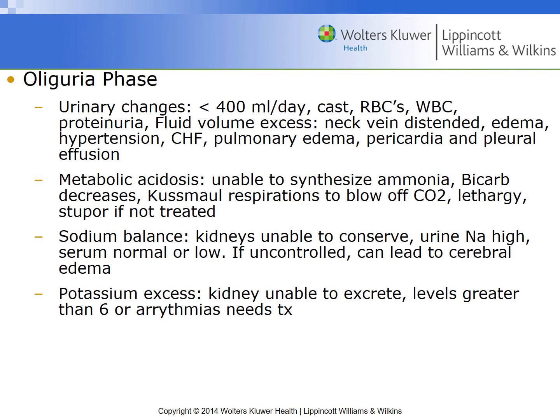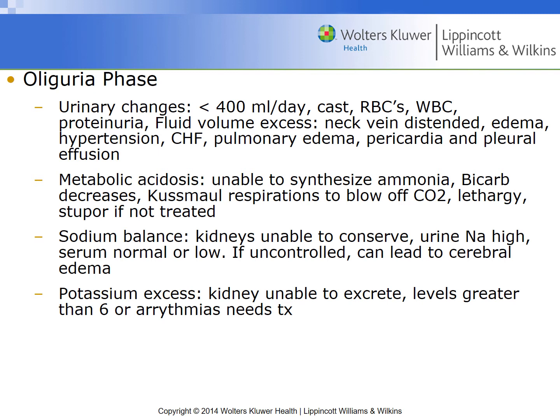Again, you may see 500 mLs or 400 mLs per day listed for oliguria. But we start seeing a drop in that urine output. In the urinalysis we'll see casts, which is definitely not normal to see. Red blood cells, white blood cells, and we'll see protein in the urine. We start seeing the patient have fluid retention, which we refer to as fluid volume excess.